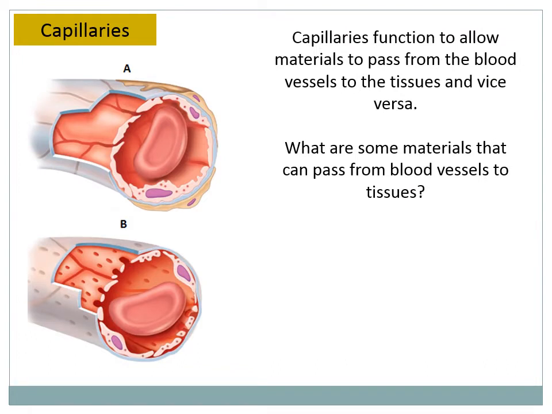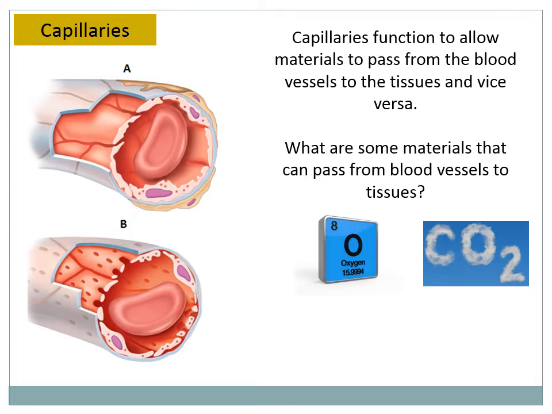So capillaries function to allow materials to pass from blood vessels to the tissues and vice versa. They're there to get the oxygen and the carbon dioxide and the waste and the nutrients to where they need to be. There are some different materials that can pass from blood vessels to tissues. One of those is oxygen. Oxygen is the big one.